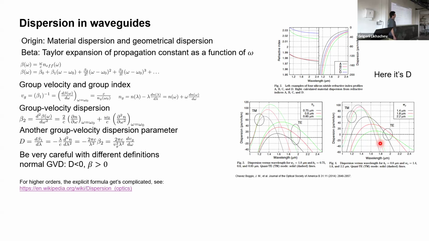Basically, if you have a wave packet centered at a wavelength, that is how fast the wave packet propagates. And beta 2 means how the group velocity is changing against the center frequency of that wave packet.